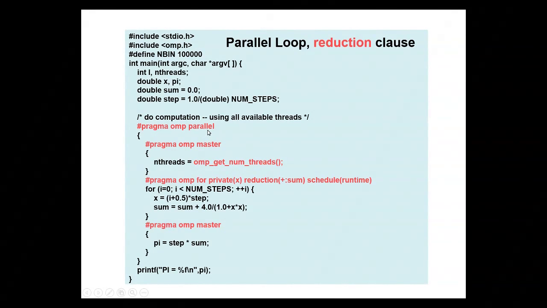So first you use OpenMP parallel, right? And then you set how many threads you want to use. And then there is the for loop here. You want to let the for loop run in parallel.